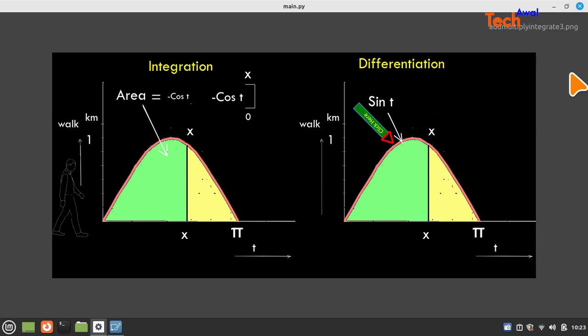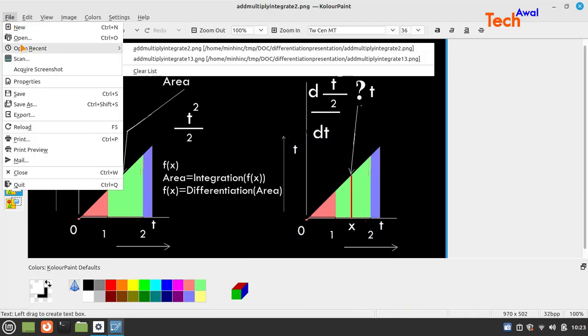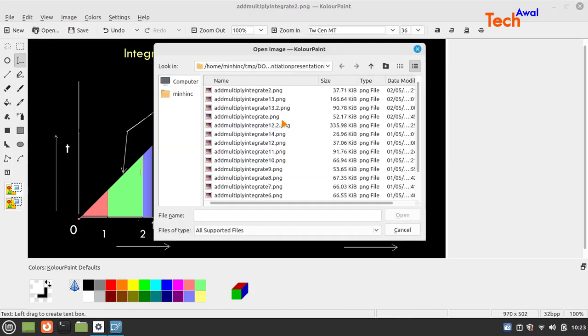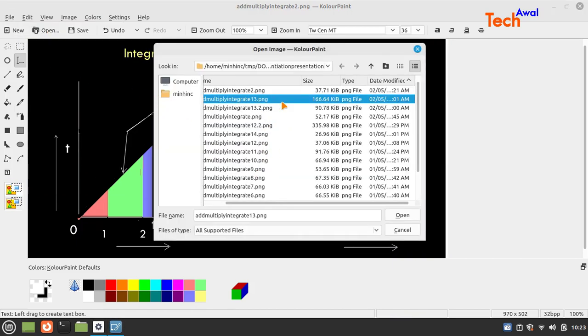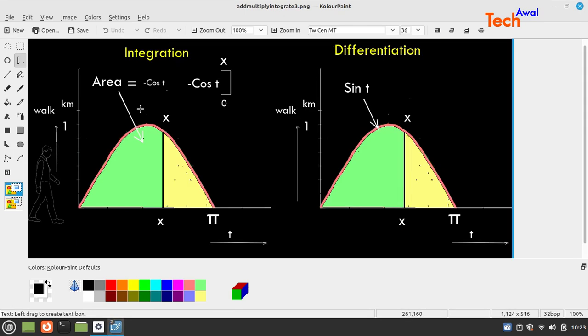So I can write like this. Now I know that the area covered is minus cos t.